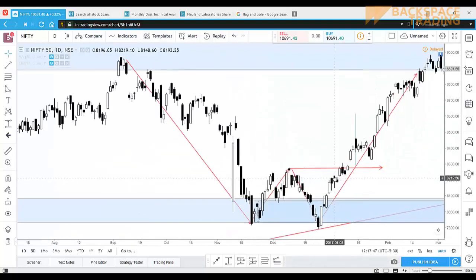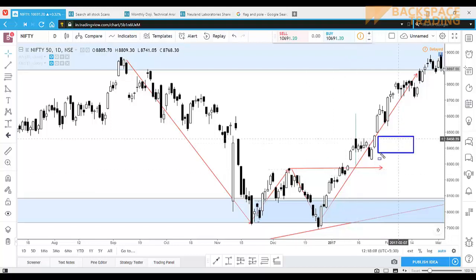For a double top guy, where do you think he can place a trade? I don't know. See, breakout traders' risk is very high. A pullback trader's risk is so low, and your stop loss is also awesome. And when you get a reward, that's it. You are in heaven.